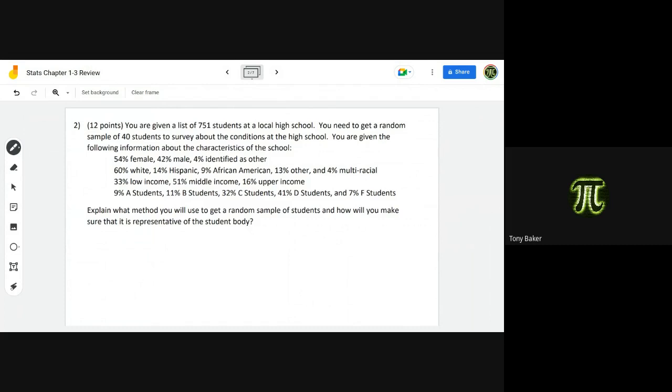You could do a cluster sampling where you're looking at classes or groups and choosing it that way. Because you remember the cluster sampling that we did was blocks in a neighborhood, if you remember right. Now the stratified sampling takes into account the percentages in there.